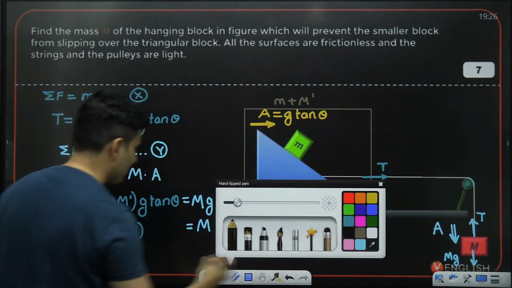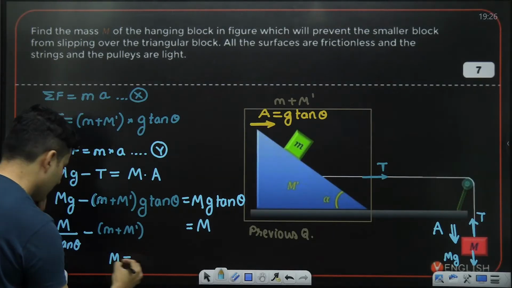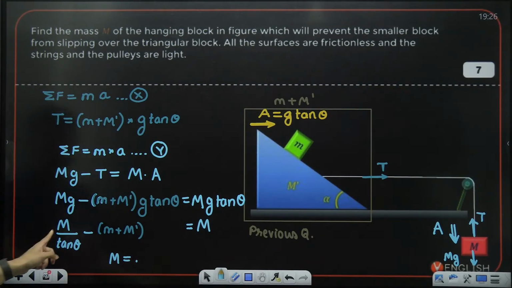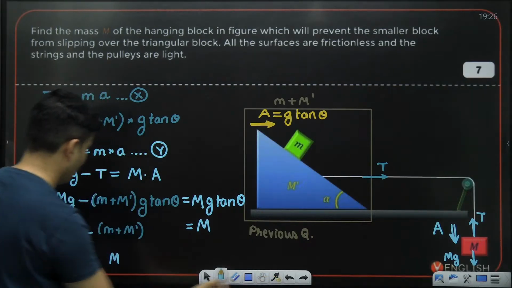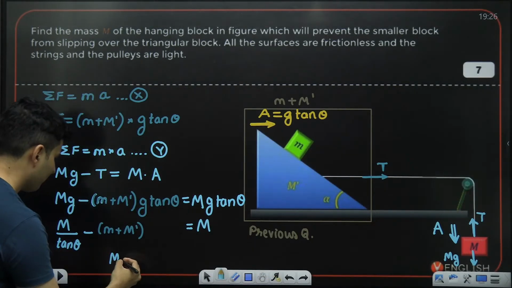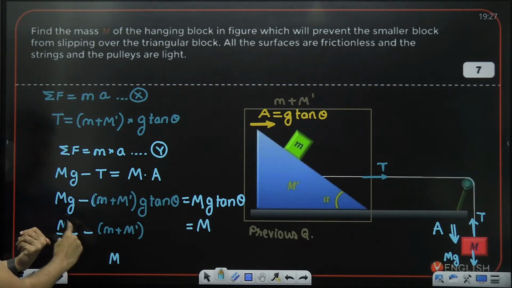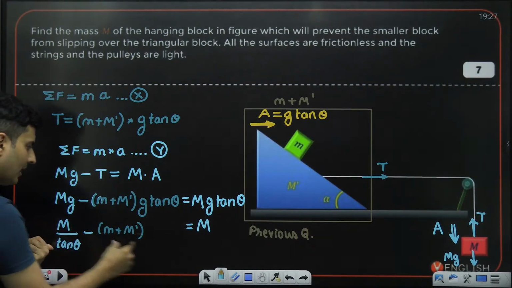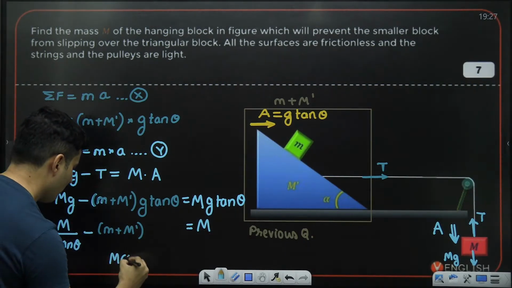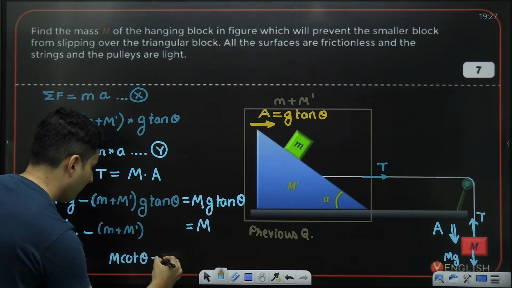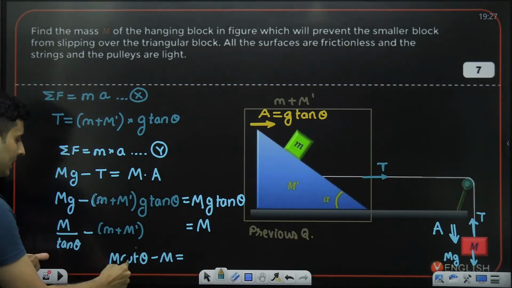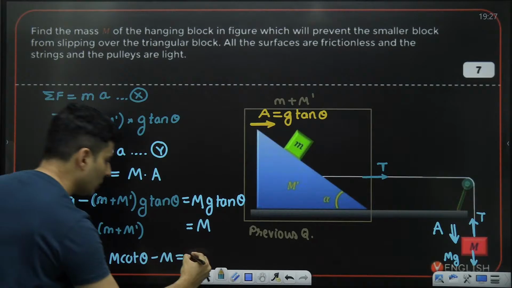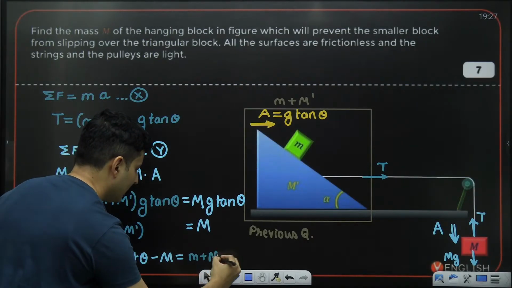So if you want, you can just write this as m is equal to, oh, but wait a minute, this m is also here, so we need to shift it now. So I can just shift it here and bring this guy over here. So m cot theta minus m is equal to m plus m prime.